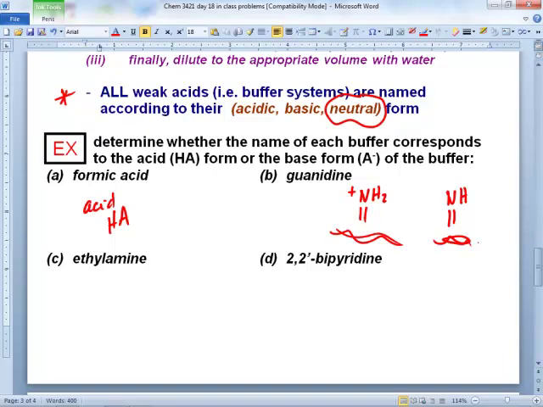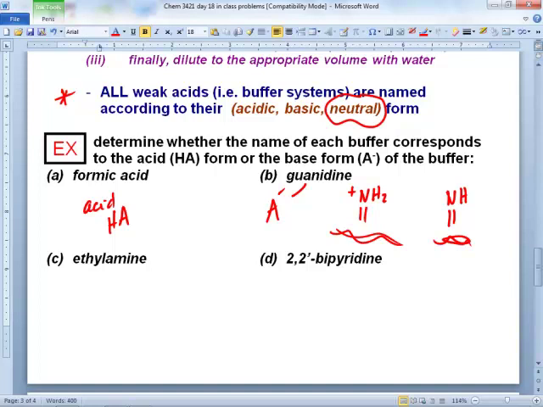Conjugate base, because he's going to grab an H and make this guy the conjugate acid. So the name always corresponds to the neutral form. He's the acid form; rip off an H plus and this is the base form. So guanidine is the base form. If they say you have guanidine, they're talking about the conjugate base.